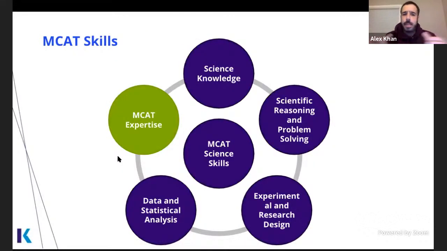So the MCAT is a lot more than just knowing science. Honestly, if med schools wanted to test your ability to memorize science, they would simply look at your GPA, right? Assuming, of course, that you're coming from a science background, like most of you undoubtedly are.